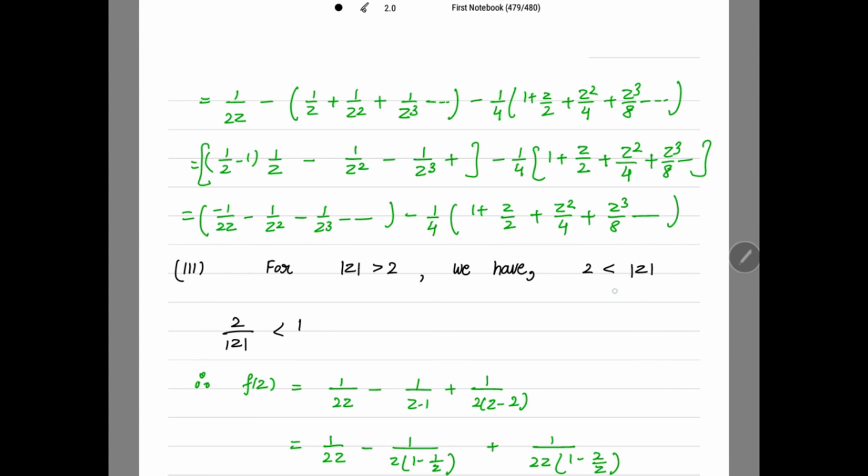If I take mod z in the denominator of 2, I get 2 by mod z less than 1. Right? But if you take 2 in the denominator for mod z, you cannot get the expression as less than 1. Right? So for less than 1, mod z should be in the denominator of 2.